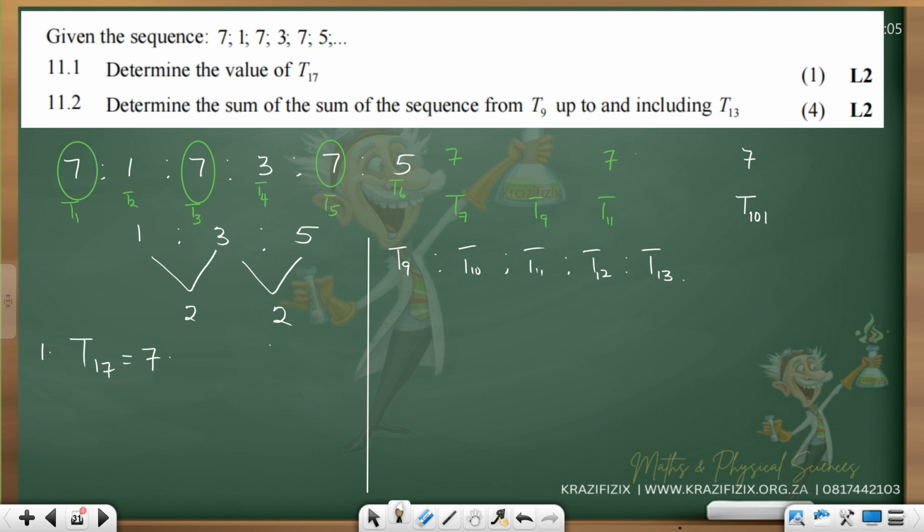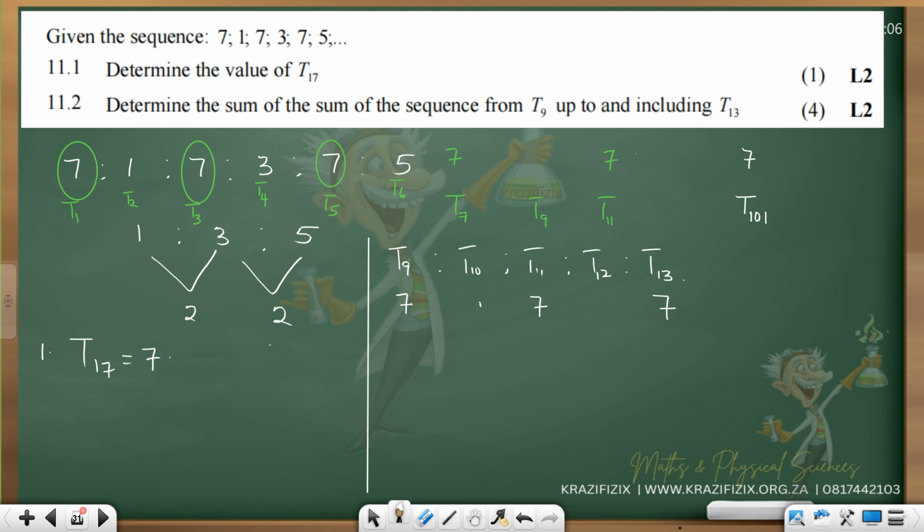Wait, odd numbers. This is 7, this is 7, this is 7. I don't know why they're saying this is 4 marks. Determine the sum of the sequence from T9. So T9 to T13. This one is so easy.